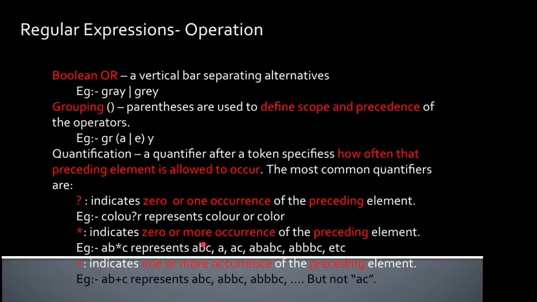Here b occurs once. Then comes ac. In ac, b doesn't occur at all. Take a. A is also valid because there is 0 occurrence of b. Then comes ab, abc. More occurrences of b. Similarly, abbc.